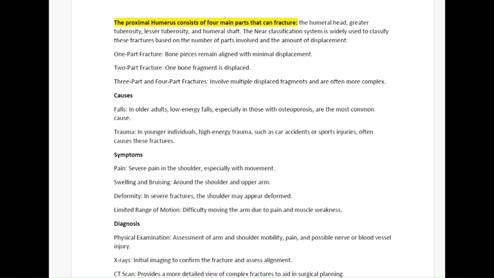The symptoms: patient might have severe pain in the shoulder, especially with movement, swelling and bruising around the shoulder and upper arm, and deformity. In severe fractures, the shoulder may appear deformed, with limited range of motion and difficulty moving the arm due to pain and muscle weakness.